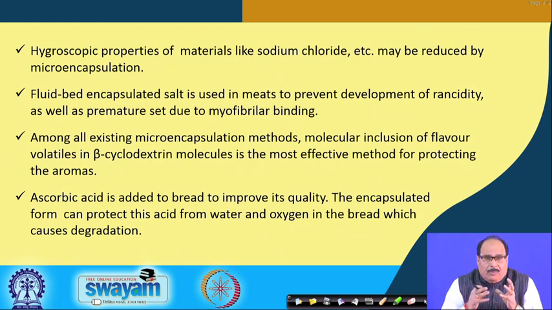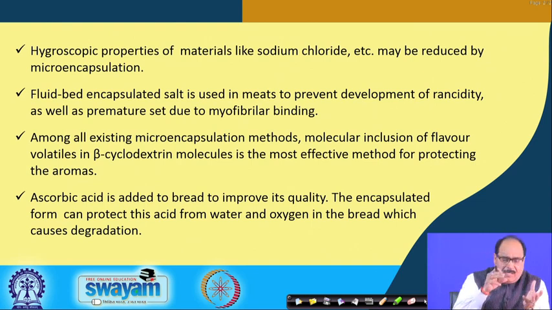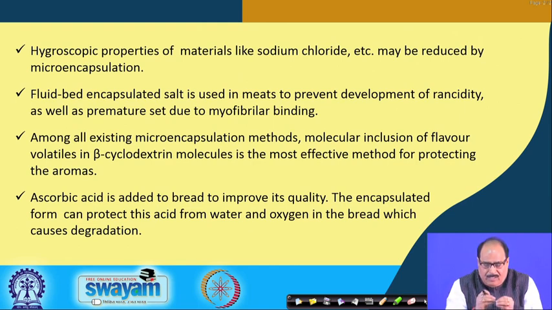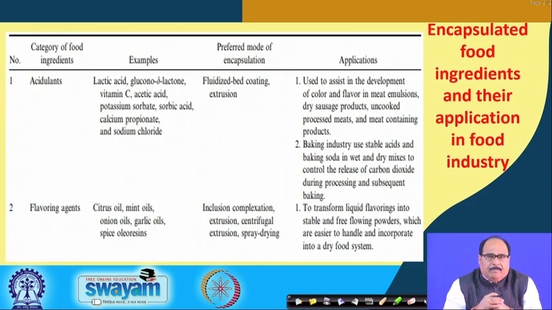Even, I hope you know that ascorbic acid is a common additive which is used in bread to improve its quality, but if ascorbic acid is added directly, it can react with the water and oxygen in the dough and get degraded. But if the ascorbic acid is microencapsulated, then it is protected from the water and oxygen, and therefore, its degradation in the dough is avoided.